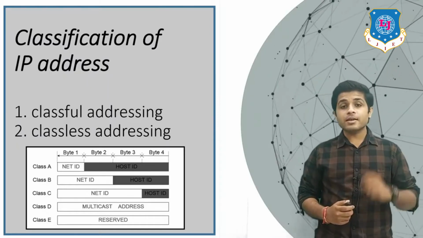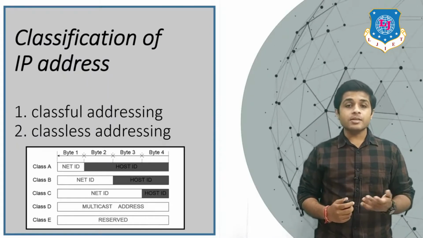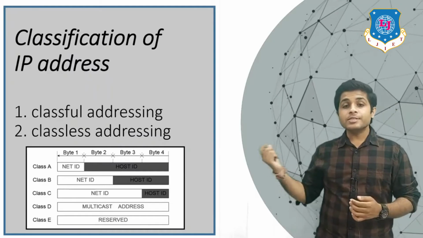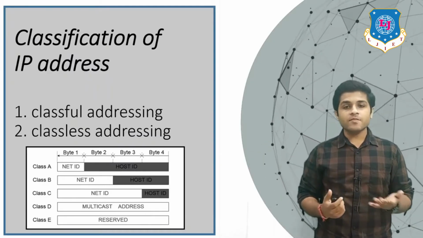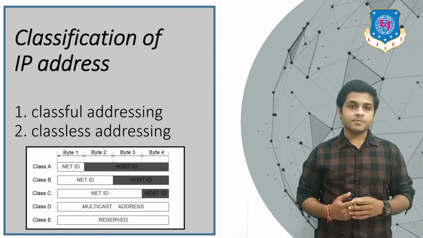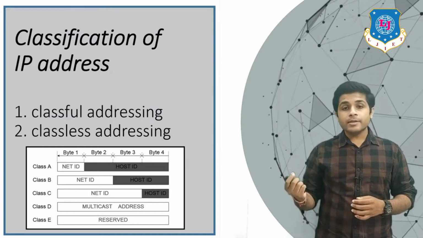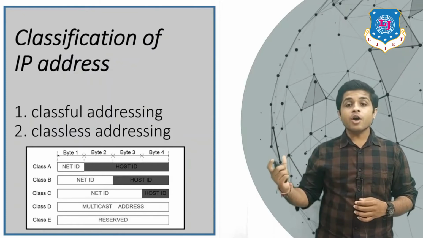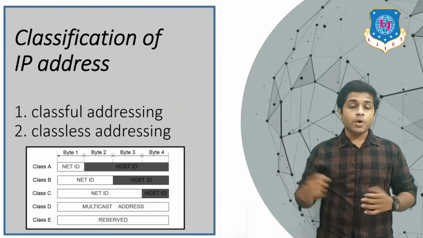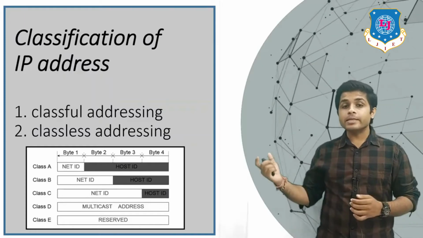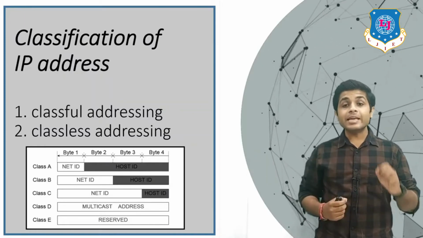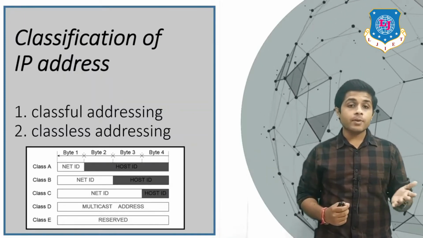Now if you see the class A address, you can see two parts, which are network ID and host ID. Now what is the meaning of the network ID and the host ID? The network ID represents how many networks are possible. For example, in class A, 1 byte, means 8 bits, is for network ID.